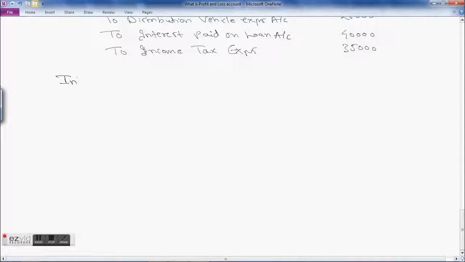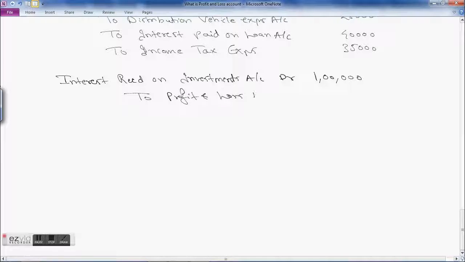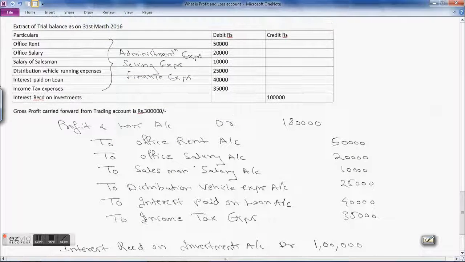So your entry will be interest received on investments account debit 1 lakh to profit and loss account 1 lakh. Okay, and all these journal entries will be passed on 31st March 2016.